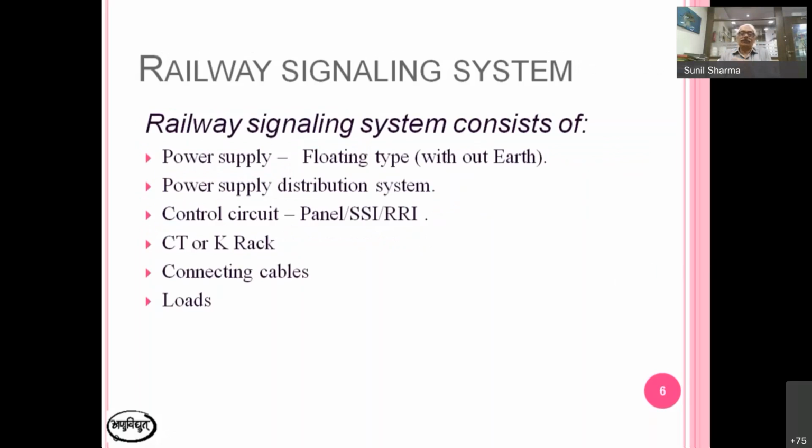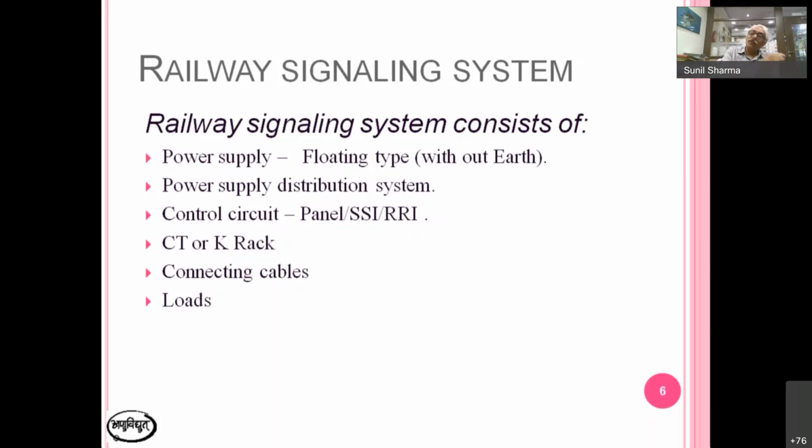Now let us see what the railway signaling system consists of. It consists of a power supply. Here I write a floating type power supply. What is floating type? Your power supply or bus bar power supply is a floating type, either plus or minus DC, or NX or BX for AC. The output of the power supply, NX BX or plus minus, is not connected to earth.